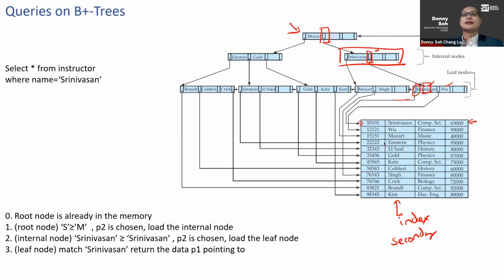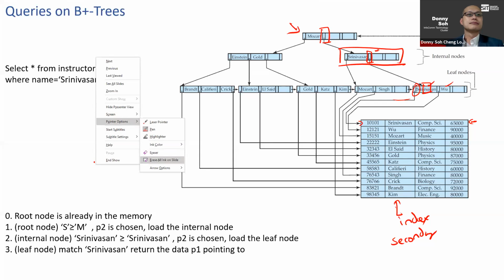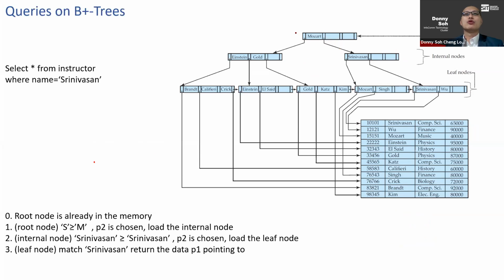Let's look at this example of Mozart. If I were to search for Mozart, Mozart is greater than or equal to Mozart, so this will come to here. Mozart is less than Srinivasan, so this will go directly to this record.